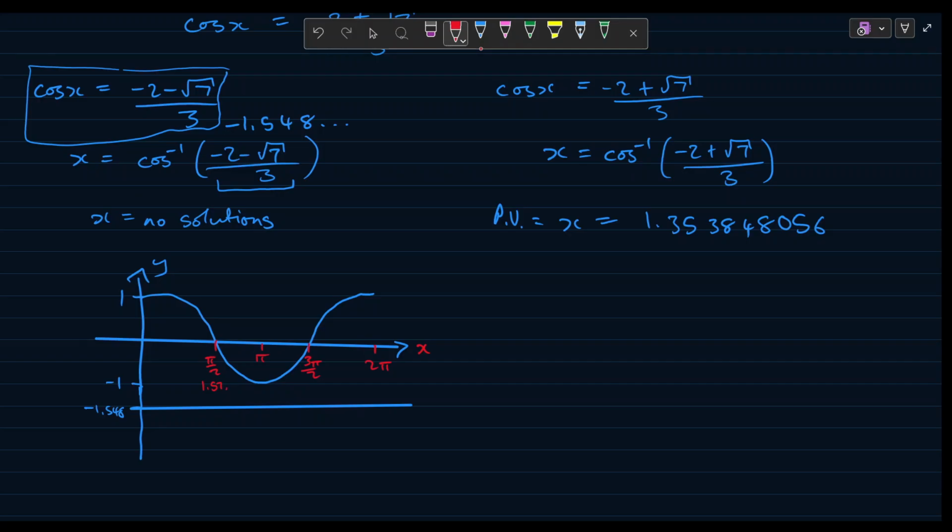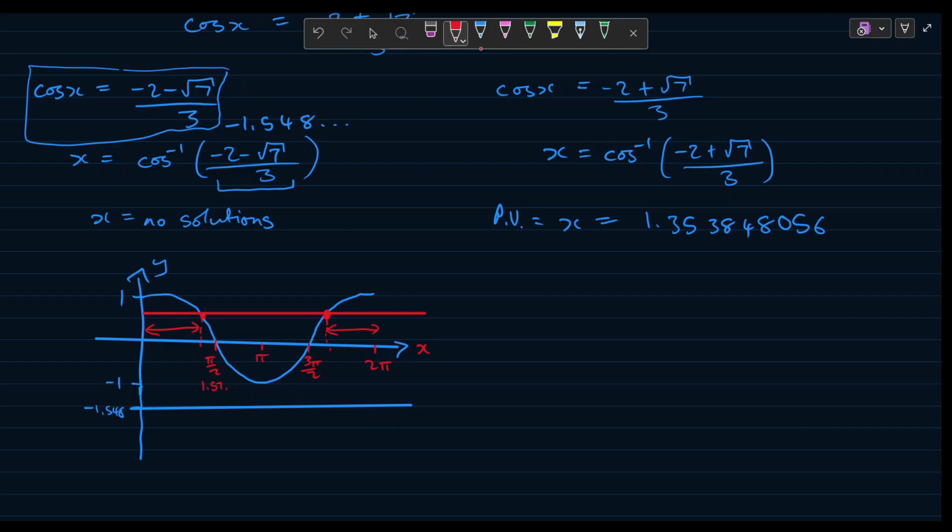So we found the value at 1.35, which will probably be somewhere here. Okay. And if we draw a straight line going through, we can tell that we should have another solution somewhere here. And by symmetry, the distance here should be equal to the distance here.